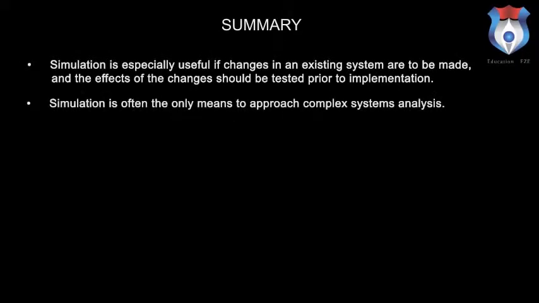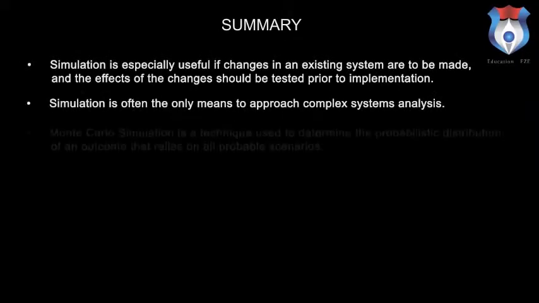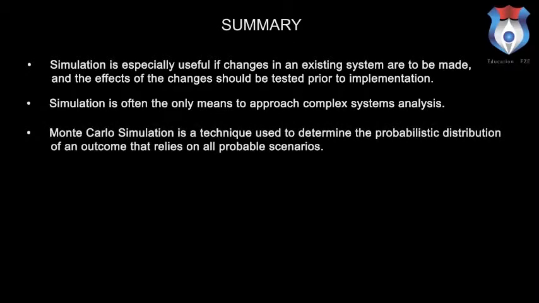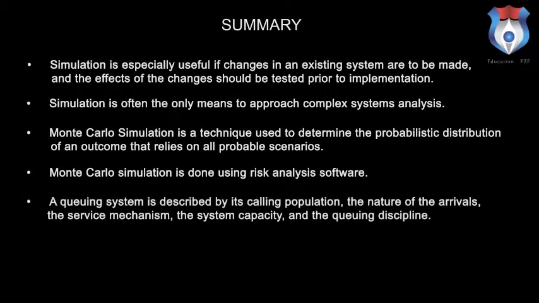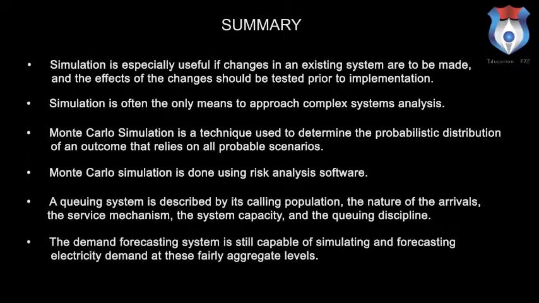Summary. Now in the end, let us summarize what we have learnt in this lecture. Simulation is especially useful if changes in an existing system are to be made and the effects of the changes should be tested prior to implementation. Simulation is often the only means to approach complex systems analysis. Monte Carlo simulation is a technique used to determine the probabilistic distribution of an outcome that relies on all probable scenarios.